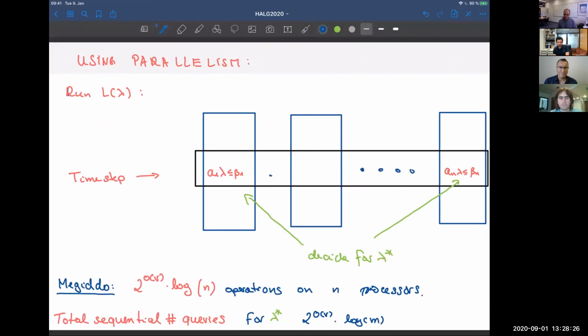Okay, so remember that in our case, these individual problems can be run in parallel. Okay, and they have a certain running time. Let's call this t max. Now, at each time step, there are queries, and we need to answer these queries for lambda star.